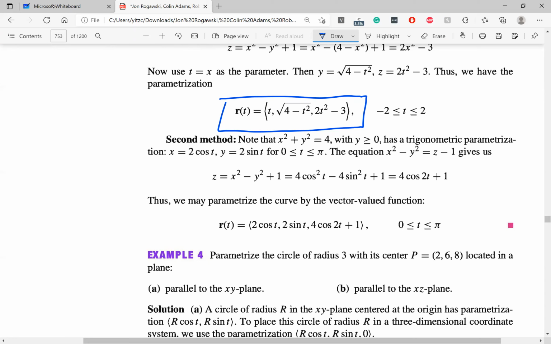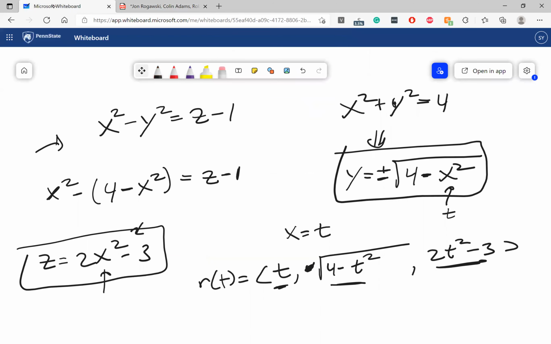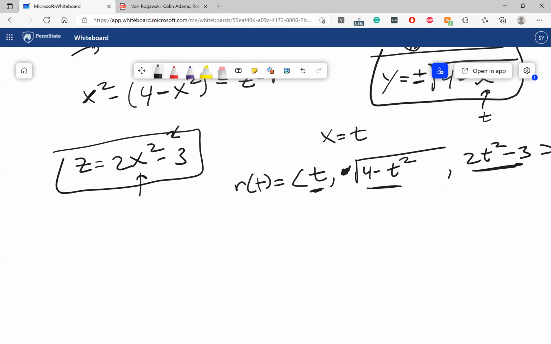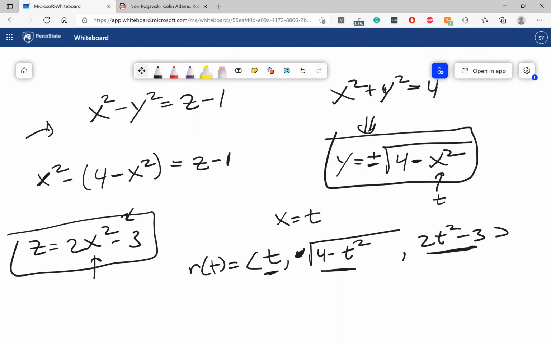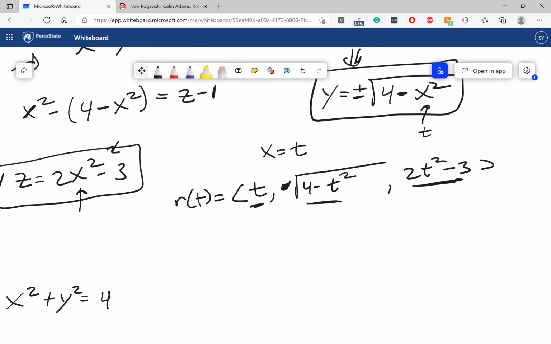Okay, another way of doing this is by looking at these equations. So you get x squared plus y squared is equal to 4, and x squared minus y squared is equal to z minus 1.